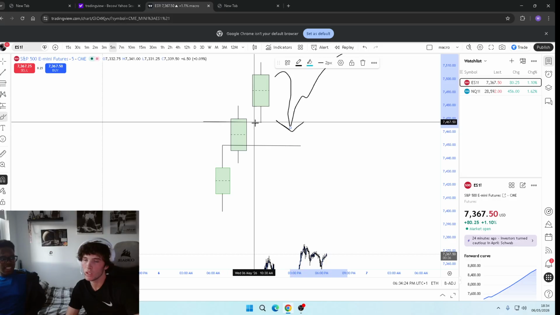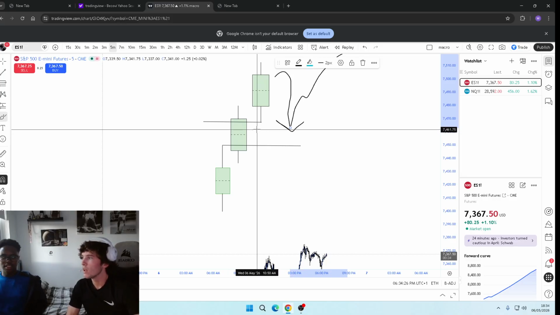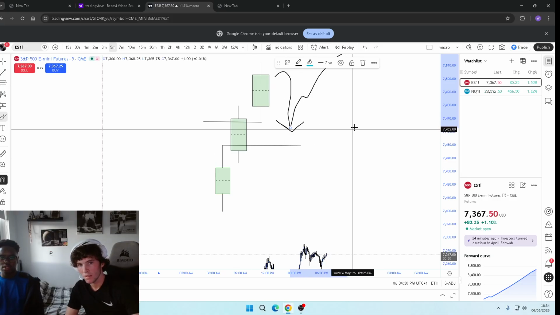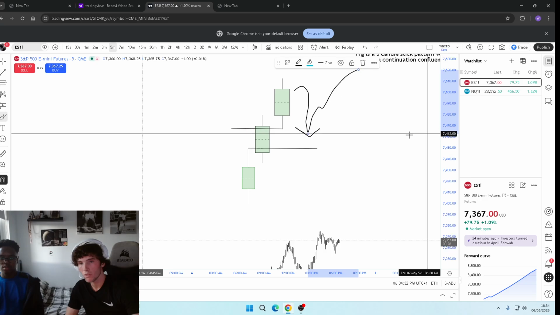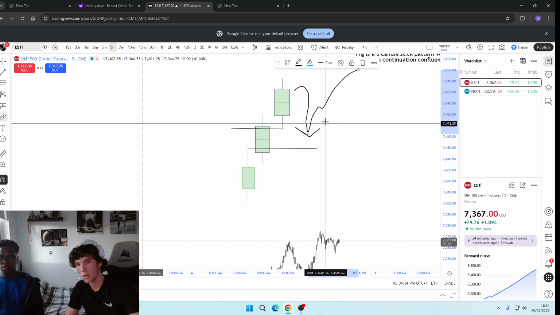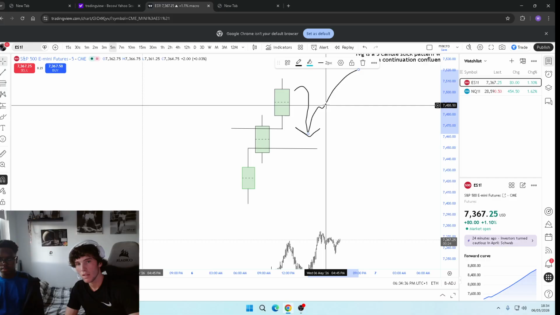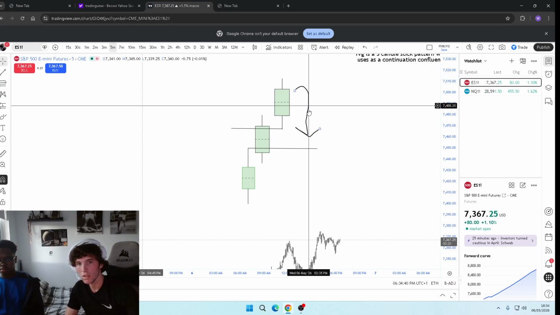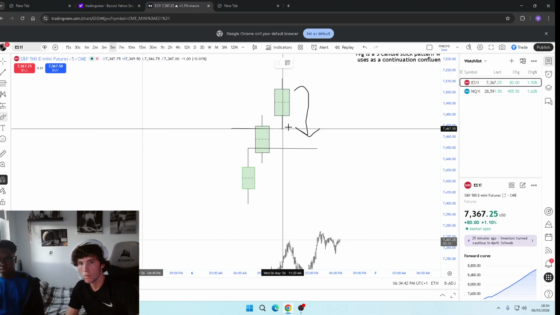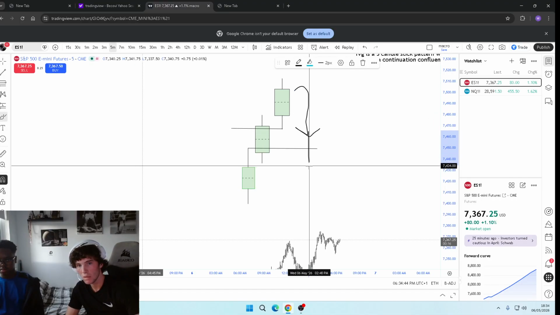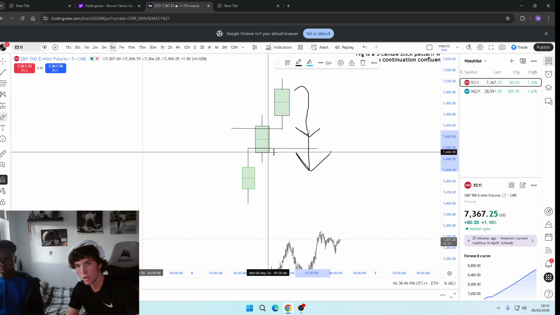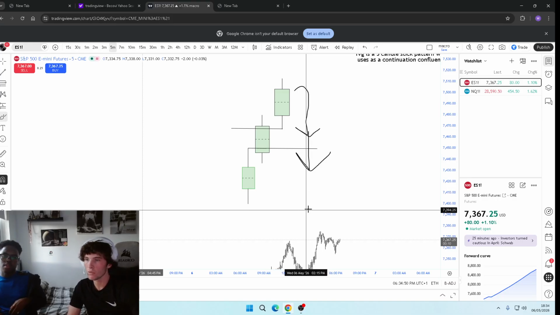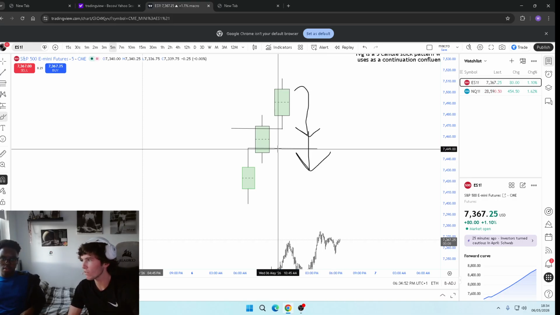I'll do inverse fair value gaps as well in this video because it's easier. An inverse fair value gap is just a fair value gap, except you think the market's going to fill this, but then it just keeps going down and closes below this candle right here. That's an inverse fair value gap, so that basically means the trend's changed.